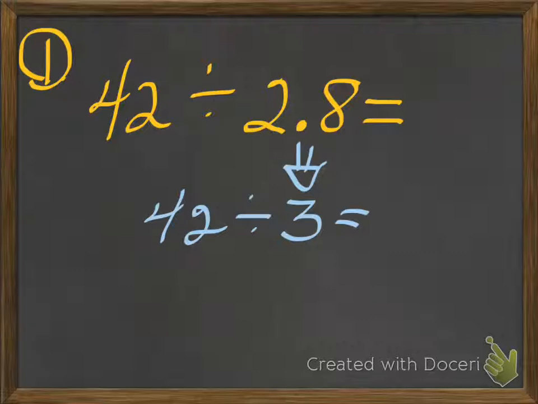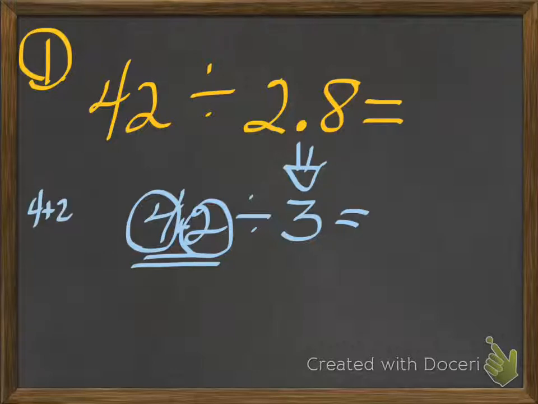Now, in order to see if this number is a multiple of 3, what I can do is a little trick where you add up each digit of the number that you're trying to figure out if it's a multiple of 3. And if you add it up, 4 plus 2, that equals 6. 6 is a multiple of 3.